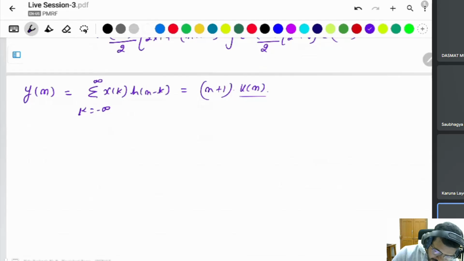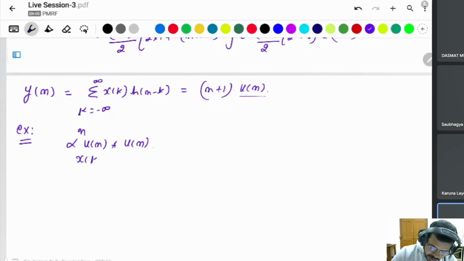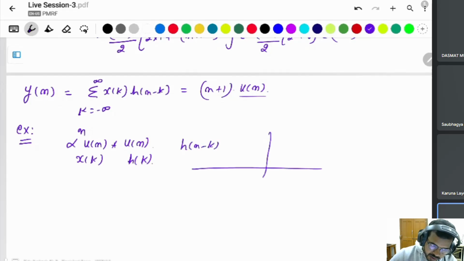Okay, let's check another example. Alpha power n un, convolution with un. Take this one as the xk, and this one as the hk. You know, hn minus k I already found for un, it will look like that to n.